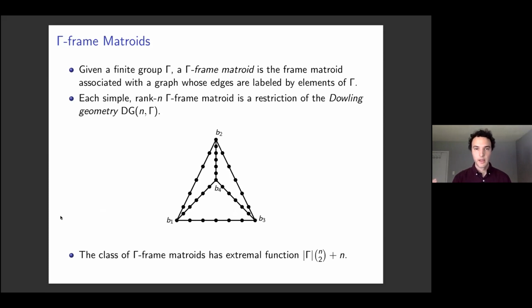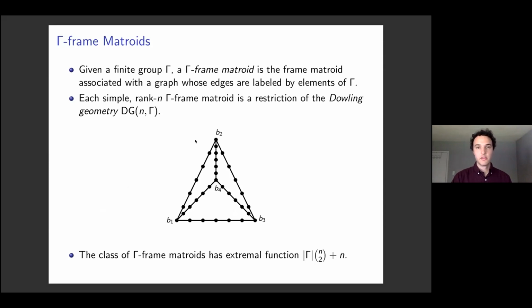Okay, and I just want to point out the structure of these gamma frame matroids. Right, there's quadratically many of these lines of length at least gamma, and these lines are kind of spread out in this clique-like structure.